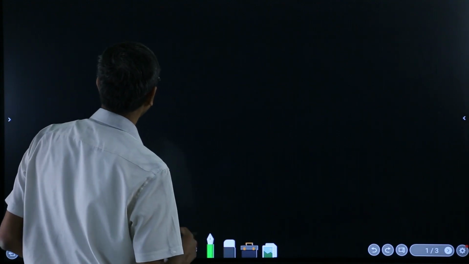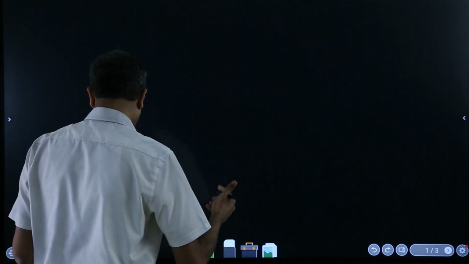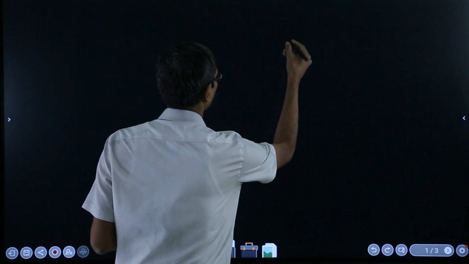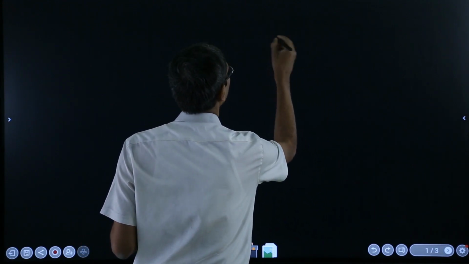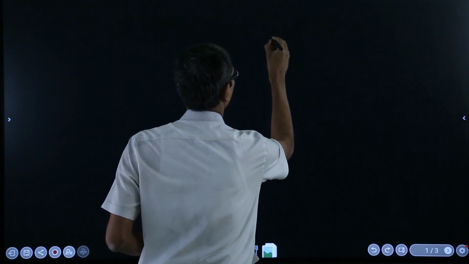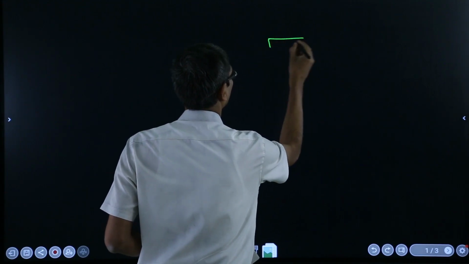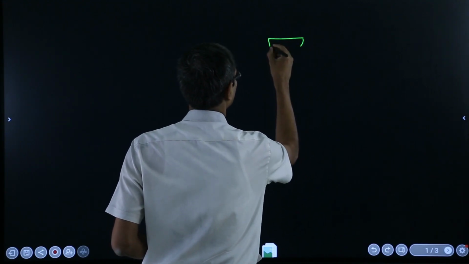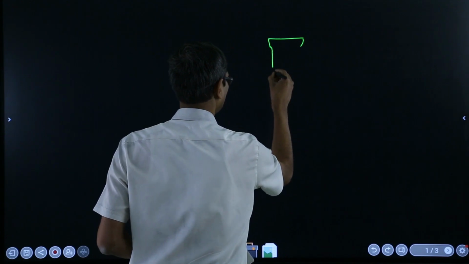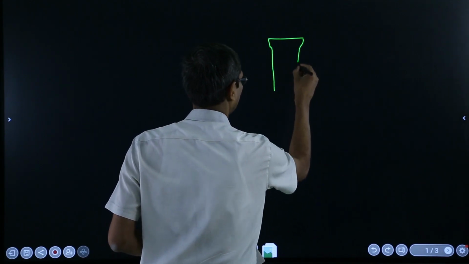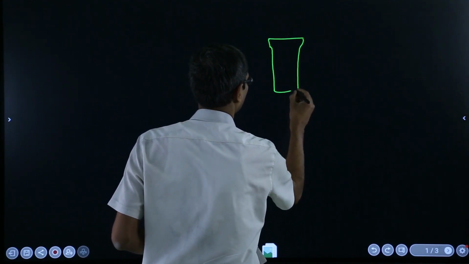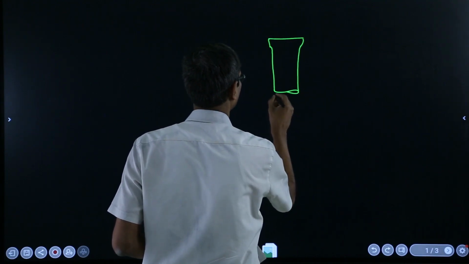and for that let me draw a diagram like this. Say, suppose there is the head of the, then suppose I cut it from here.